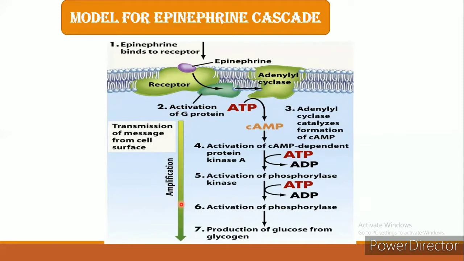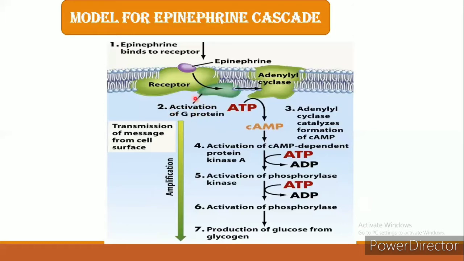The numbers of molecules shown are simply to illustrate how amplification works, the number of molecules activated. See, the binding of one molecule of epinephrine to the beta adrenergic receptor on the cell surface activates possibly hundreds of G proteins, one after another.